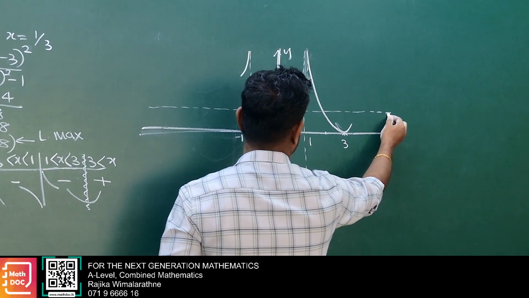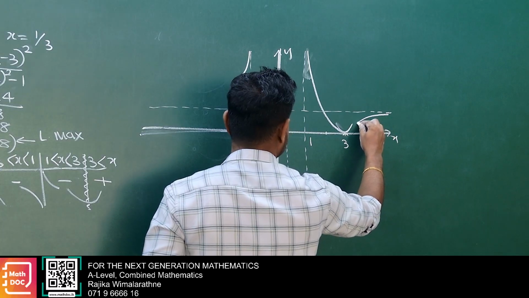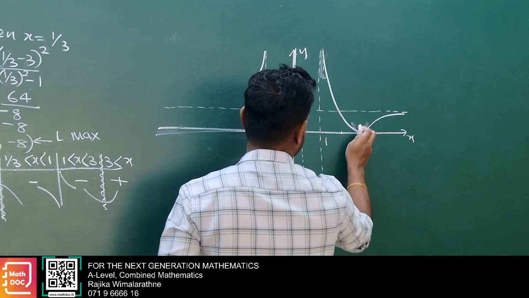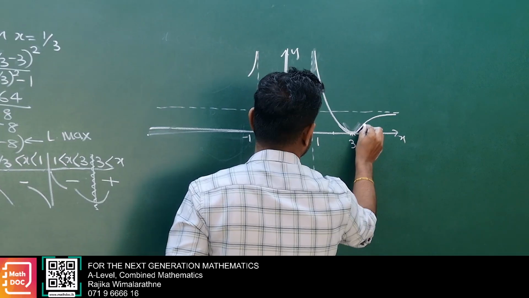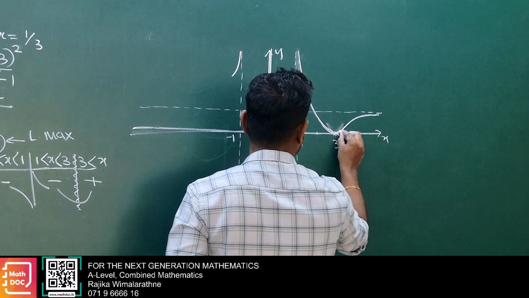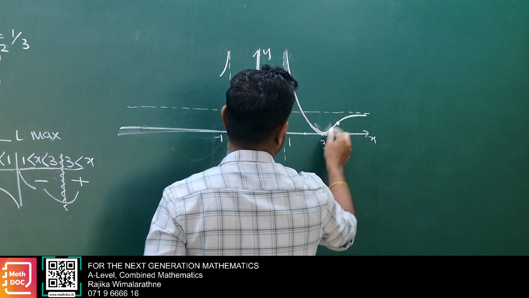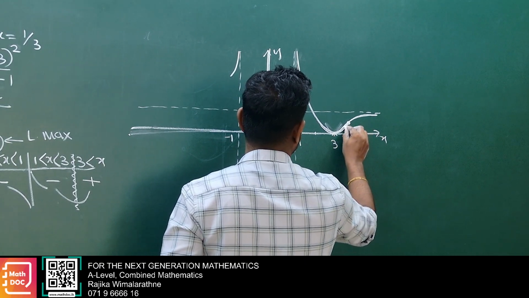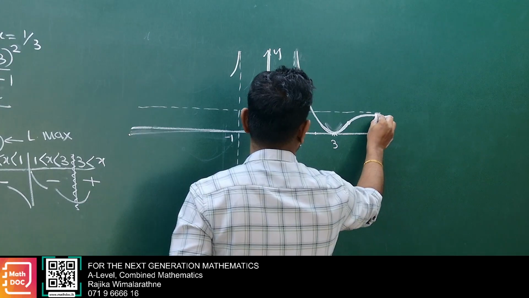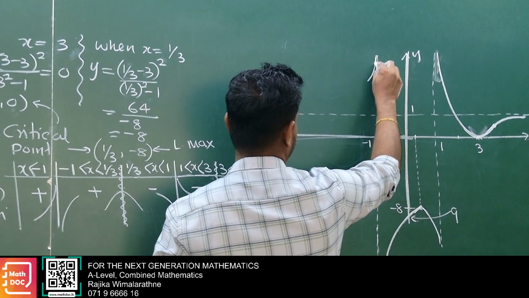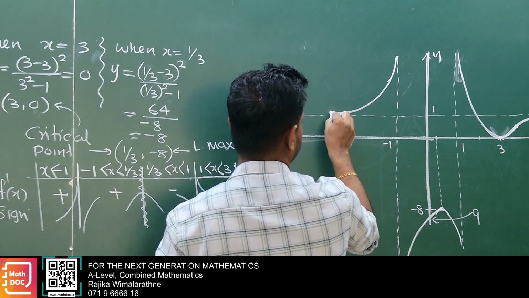So when x goes to plus infinity, y goes to plus. Here you clearly show this shape change. Here concave up has changed to concave down. Then there will be a point of inflection here. Here concave up, then it changed to concave down. When x goes to minus infinity, that goes to 0.